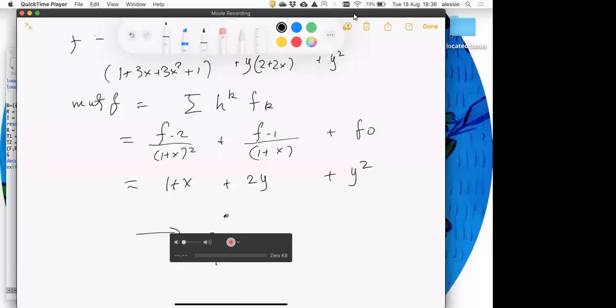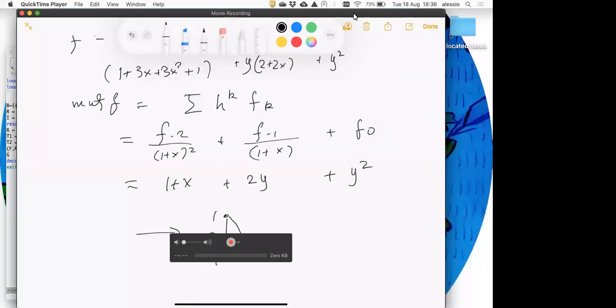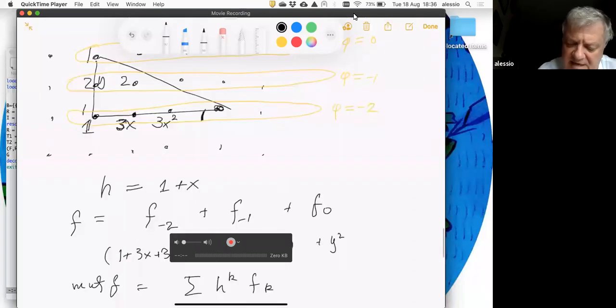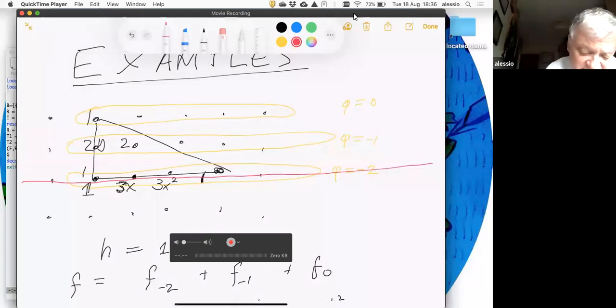Alessio, could you repeat how you got 1 plus x as h? Yeah. So I have to look at the kernel of phi, okay? The kernel of the linear part phi_0 is just this red line here that goes through 1, because I decided to put the origin there.